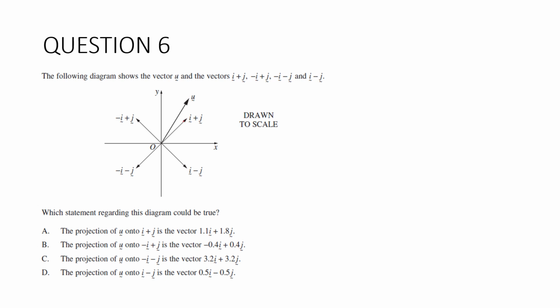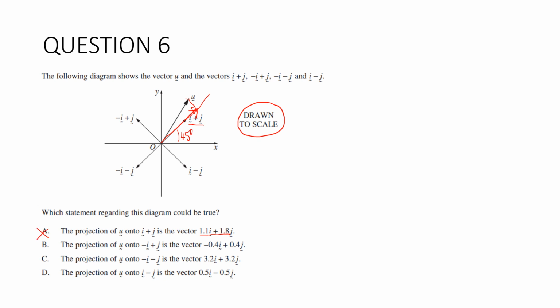So I'm projecting onto this line. There's the vector there. Now, interestingly, this is drawn to scale. Could that be the vector 1.1i plus 1.8j? No, it couldn't be because this is the vector i plus j. This is 45 degrees. So A is out.